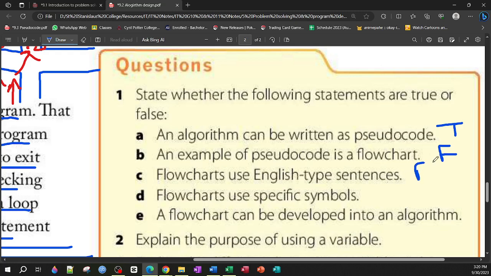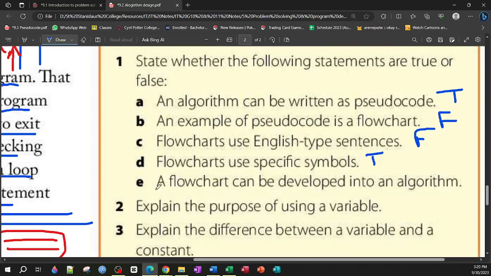Good. D, flowcharts use specific symbols. True. So symbols, diagrams, basically the same thing. E, a flowchart can be developed into an algorithm. True.